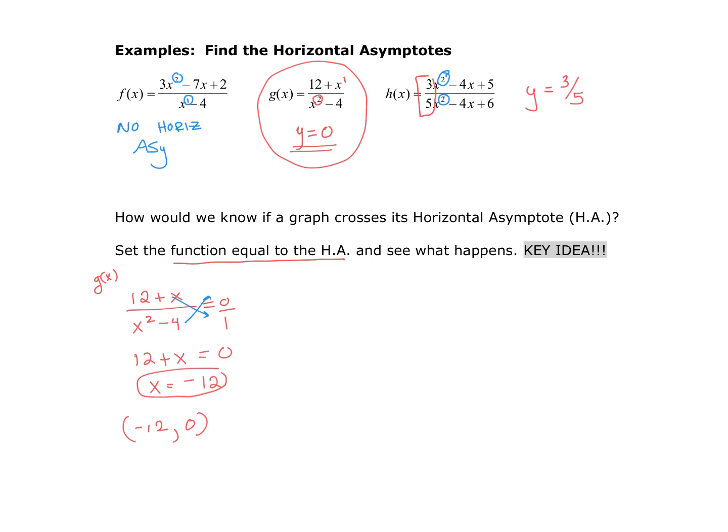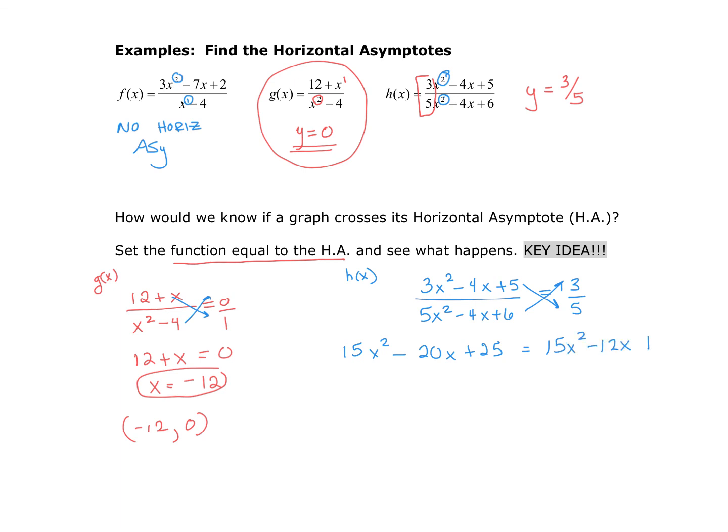If we take a look at h of x, we want to know, is (3x squared minus 4x plus 5) over (5x squared minus 4x plus 6) ever equal to 3/5? And again, we will cross multiply. That will give us 15x squared minus 20x plus 25 equals 15x squared minus 12x plus 18.